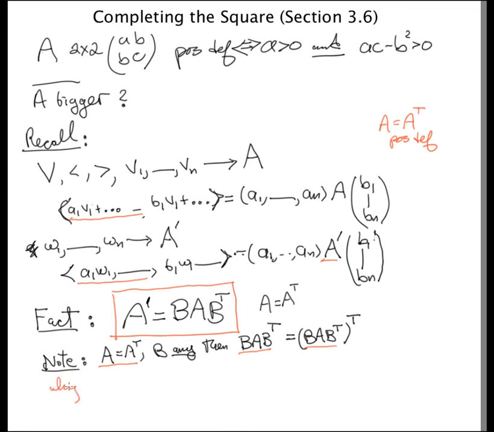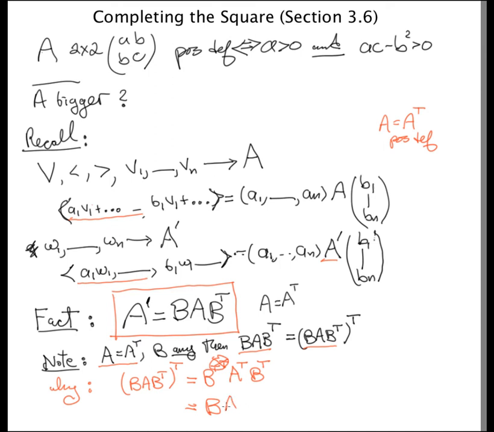And why is that? Well, what is the transpose of B A B transpose? Remember, when you take the transpose of a matrix product, you take the transpose of each of the terms, but you also switch the order. So you get B transpose transpose, A transpose, B transpose. And taking the double transpose, you get the matrix back.